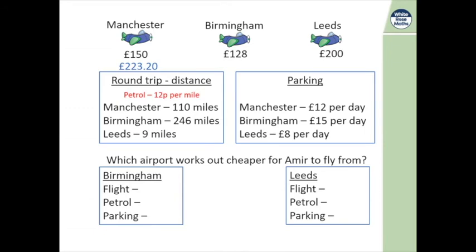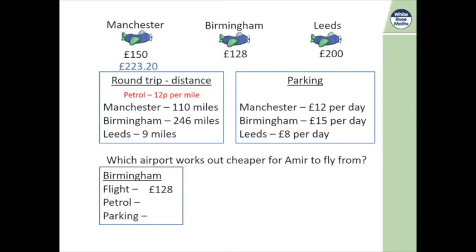How did you get on? Let's look at the total cost to fly from Birmingham. We know the flight is £128. It's a 246-mile trip to get to the airport and back, and it costs 12 pence per mile. So 246 multiplied by 12 pence. I wonder how you worked this out.